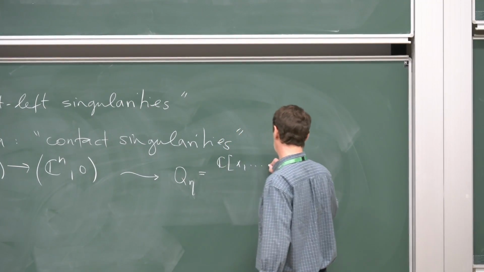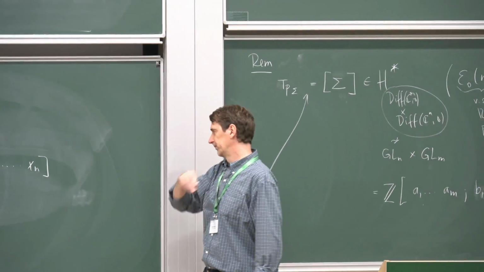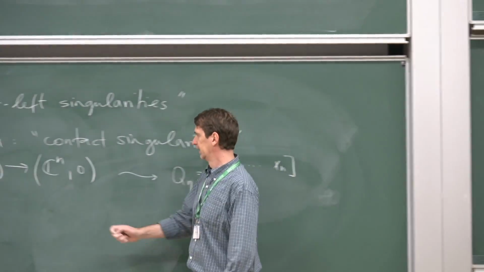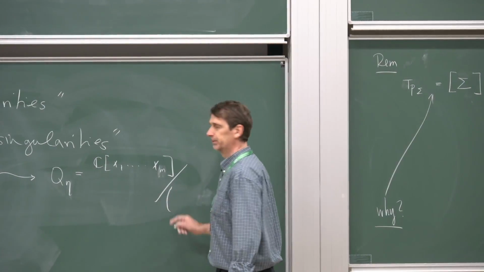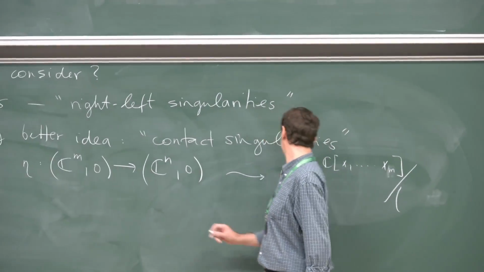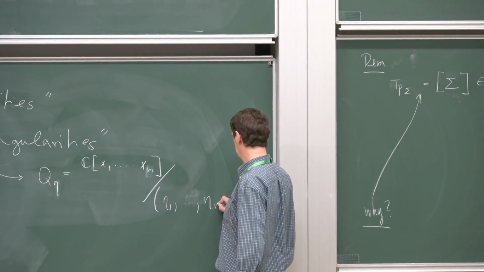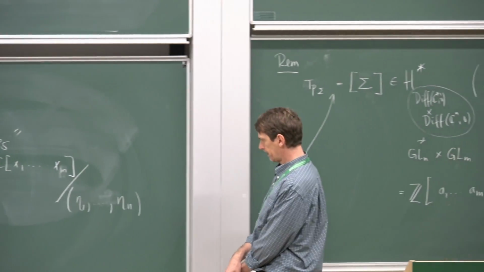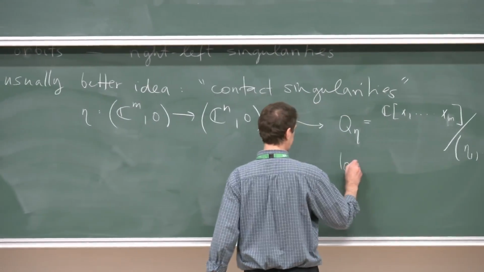For now, I take polynomials in the source and divide by the ideal generated by the components of eta. So this is called the local algebra of the singularity.